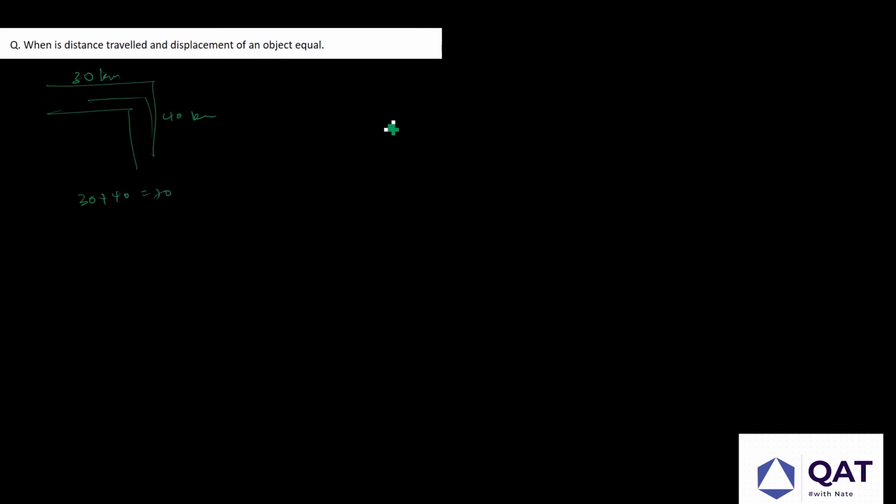And even if, for instance, let's take here a semicircular path. Okay, if we took this semicircular path, and if a car starts to move from here and it travels all the way to here and stops here, okay, so what would be the distance and displacement?